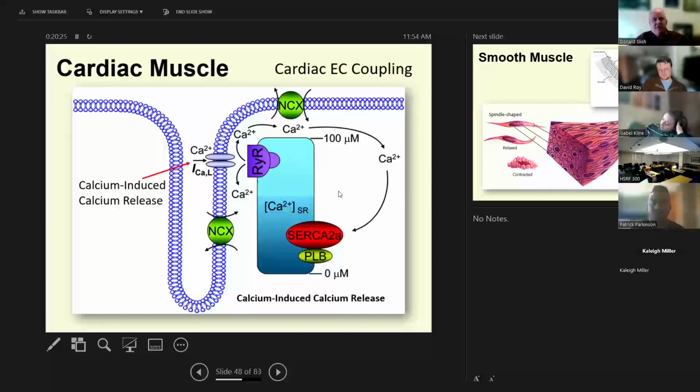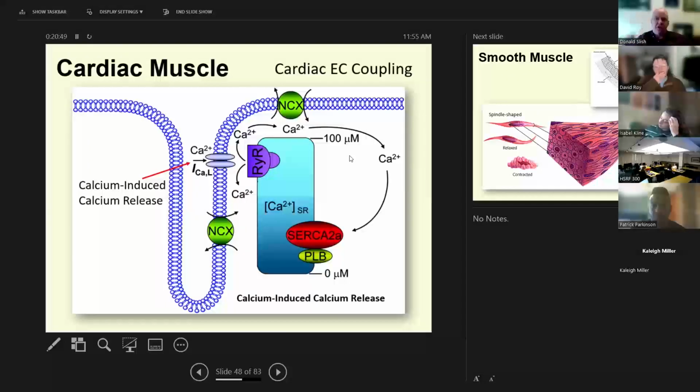And then later, I don't think we're going to talk about this in this class, but like I said, when you get into cardiovascular pharmacology, you'll see when you want a stronger contraction, basically you're going to phosphorylate this calcium channel so that more calcium comes through on each action potential. So you get more trigger calcium, which causes more activator calcium to come out.